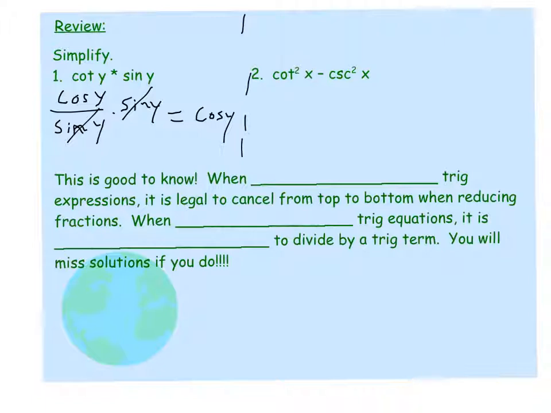On number 2, okay, we can use a little identity there. We should see the pattern here that we have cotangent squared and cosecant, which ideally should make you think of some of those Pythagorean identities. Let's leave cotangent squared of x minus cosecant squared, which can be taken out and replaced with 1 plus cotangent squared.